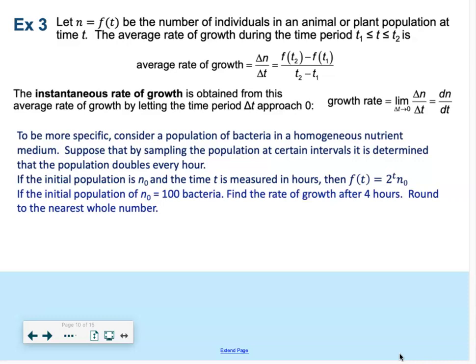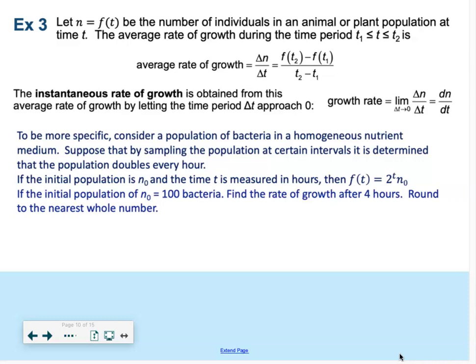So here's our example for this one. Consider a population of bacteria in a homogeneous nutrient medium. Suppose that by sampling the population at certain intervals, it is determined that the population doubles every hour. If the initial population is n sub 0 and time is measured in hours, then if you double every hour, your function for your population at any given time is the initial population times 2 to the t.